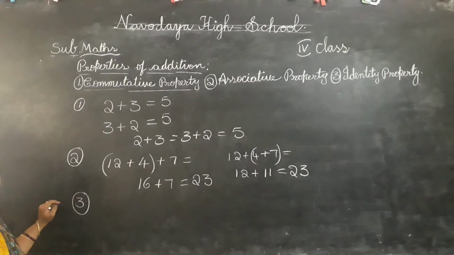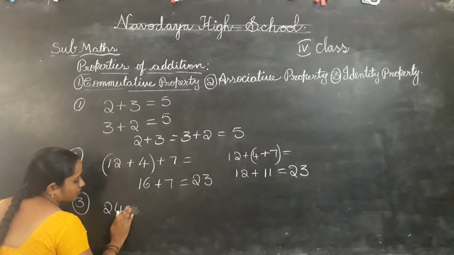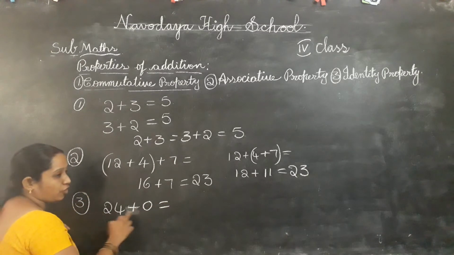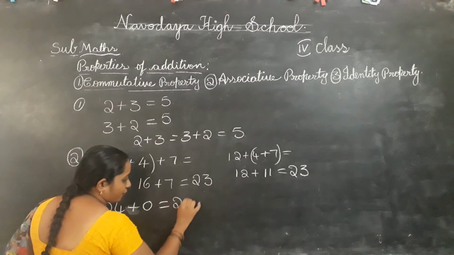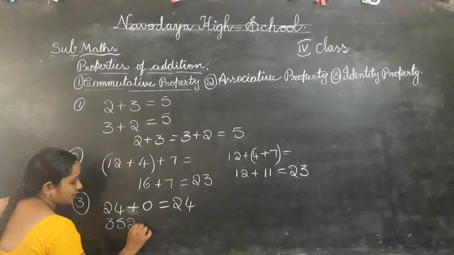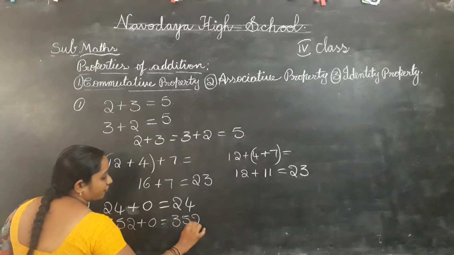Next, third one, children. Identity property. Look here. 24 plus 0. How much? 24. 352 plus 0. How much? 352.